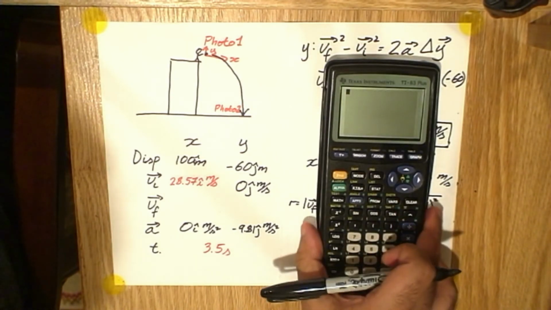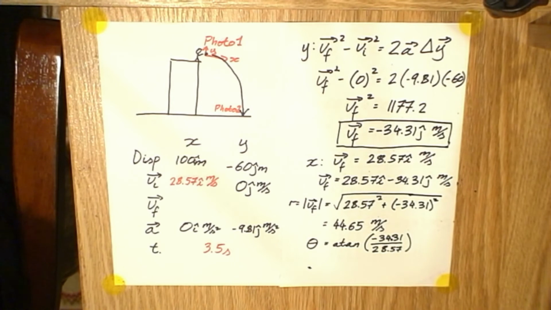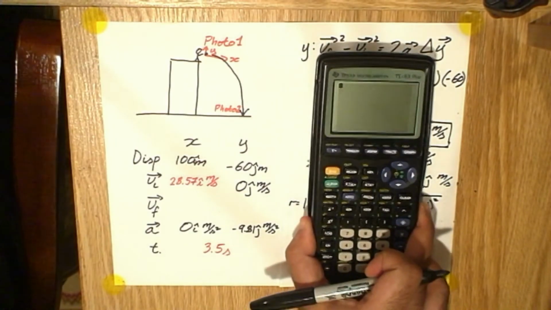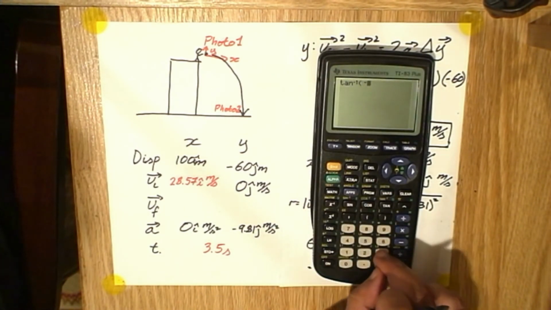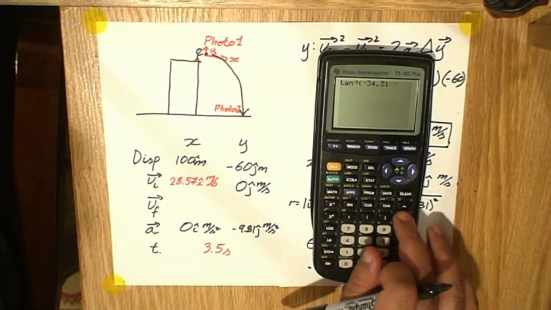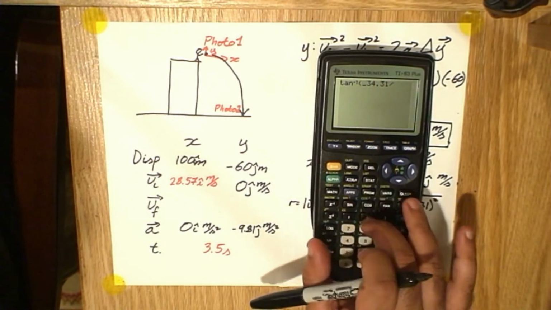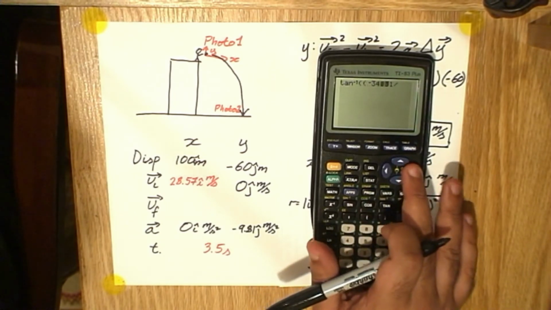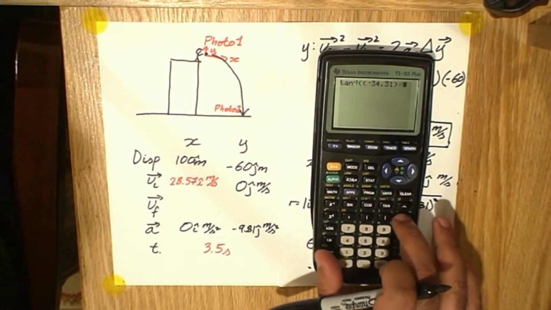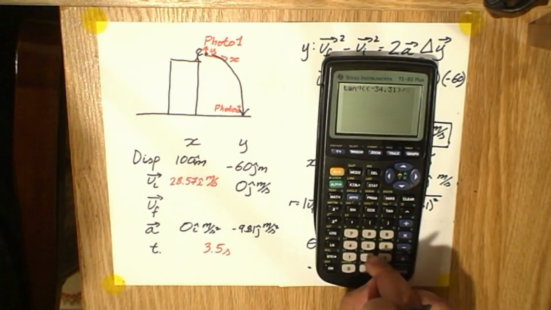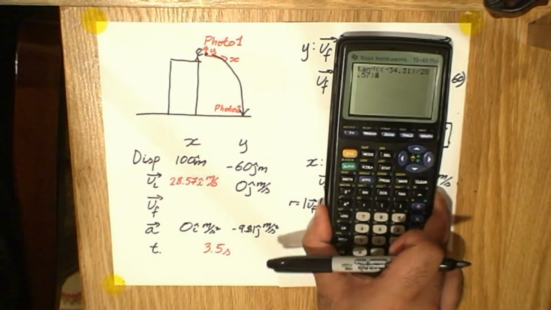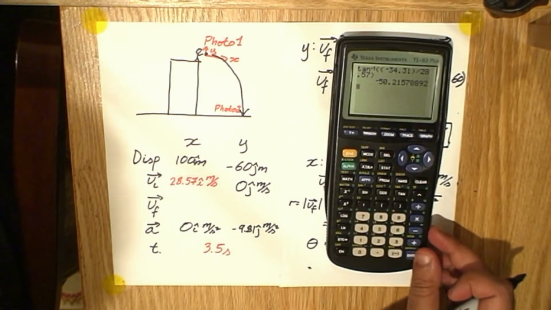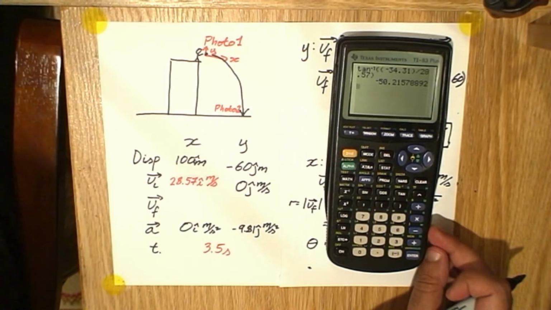So arctangent of negative 34.31 divided by 28.57 is negative 50.26 degrees.